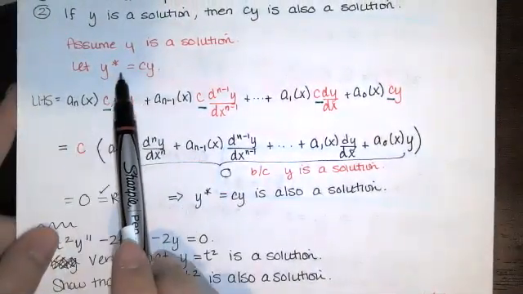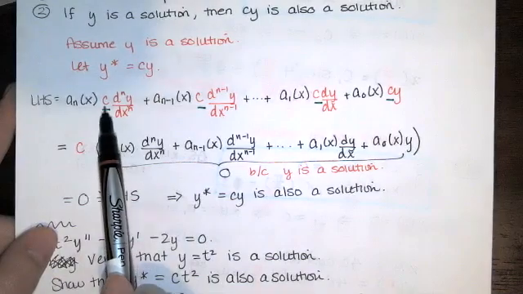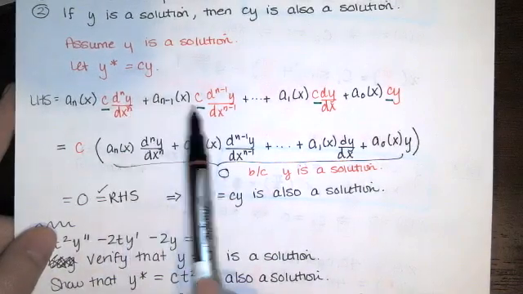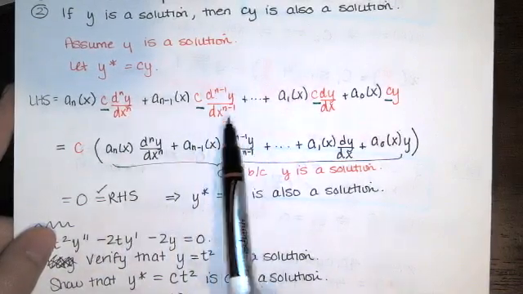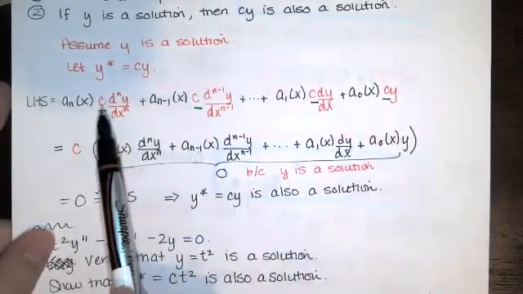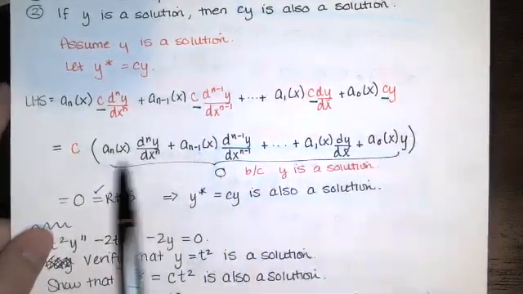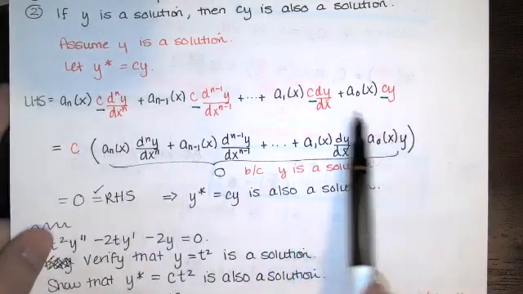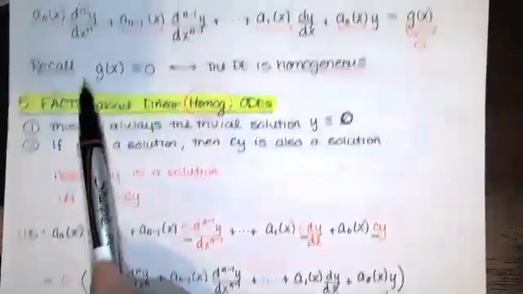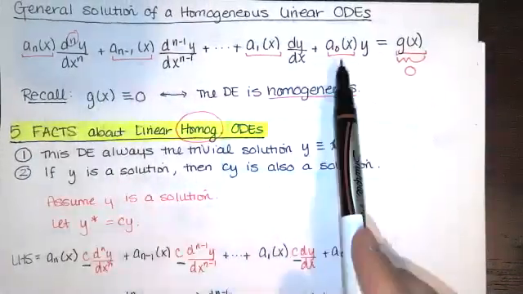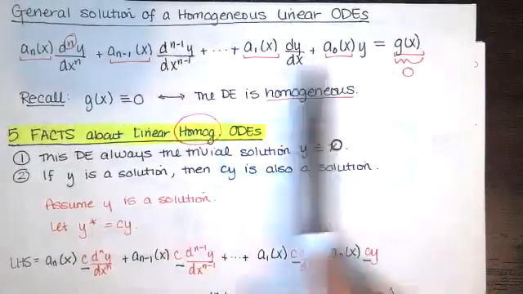When I take the nth derivative of this, I just get c times the nth derivative of that first solution, and c times the n minus 1th derivative of the second one, and so on. And so when I take out that factor of c from everything, I just get the left-hand side of the differential equation, which I know is 0 at the solution y, because that's what it means for y to be a solution.